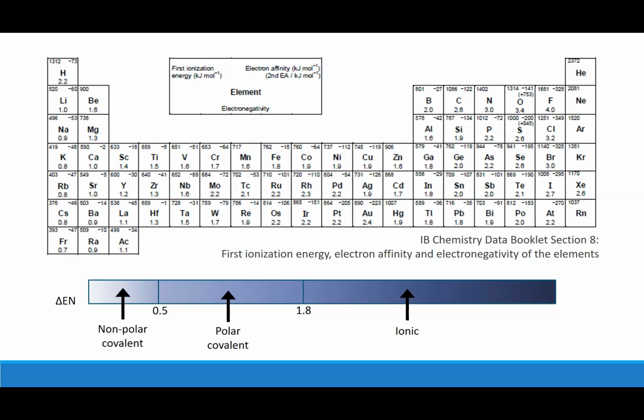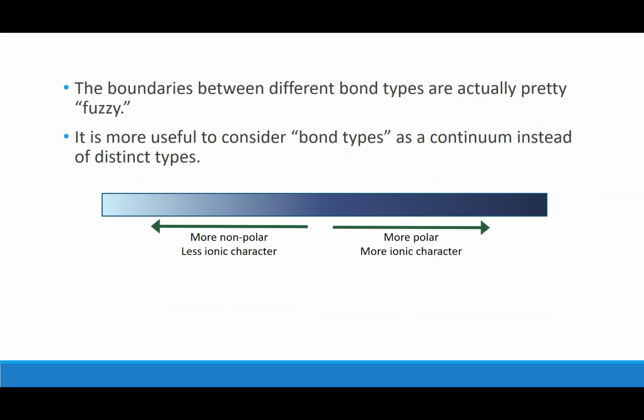And if the electronegativity difference is 1.8 and above, then we say that the bond is ionic. However, the boundaries between the different bond types are actually pretty fuzzy, and it is actually more useful to think of bond types as a continuum of electron distribution instead of distinct types.